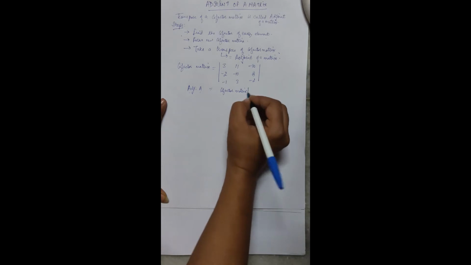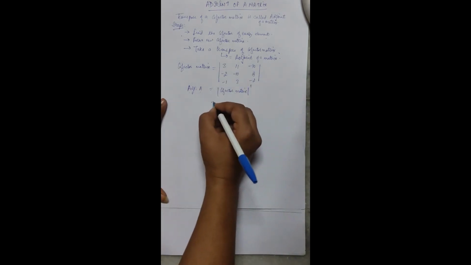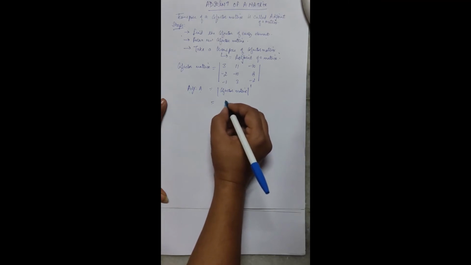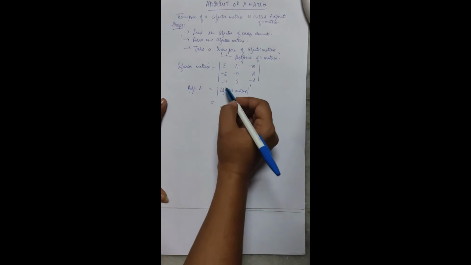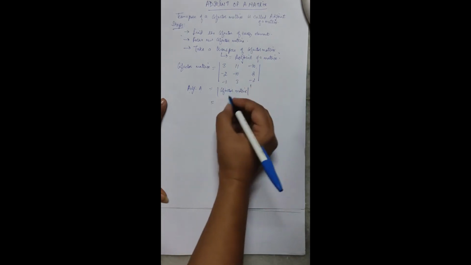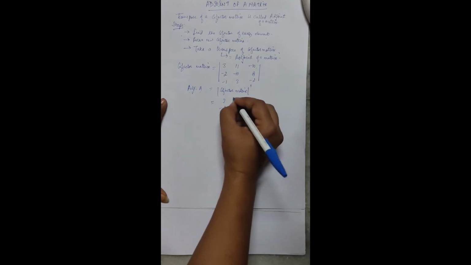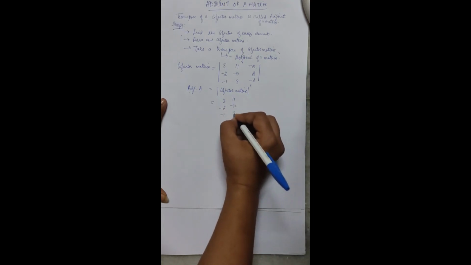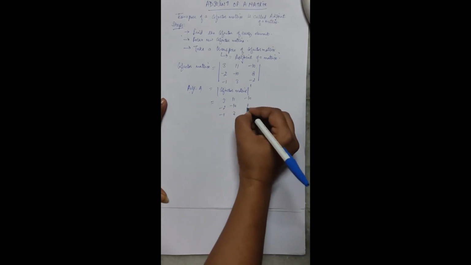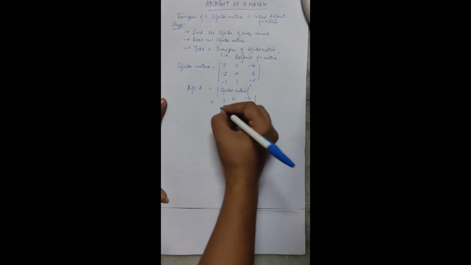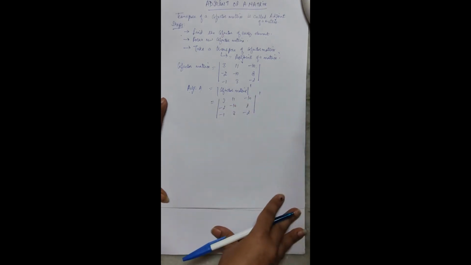If I transpose it, rows are converted into columns. So I will write here 3, 11, minus 10 and minus 2, minus 10, 8 and minus 1, 3, minus 2. What I will do is take the transpose of this.